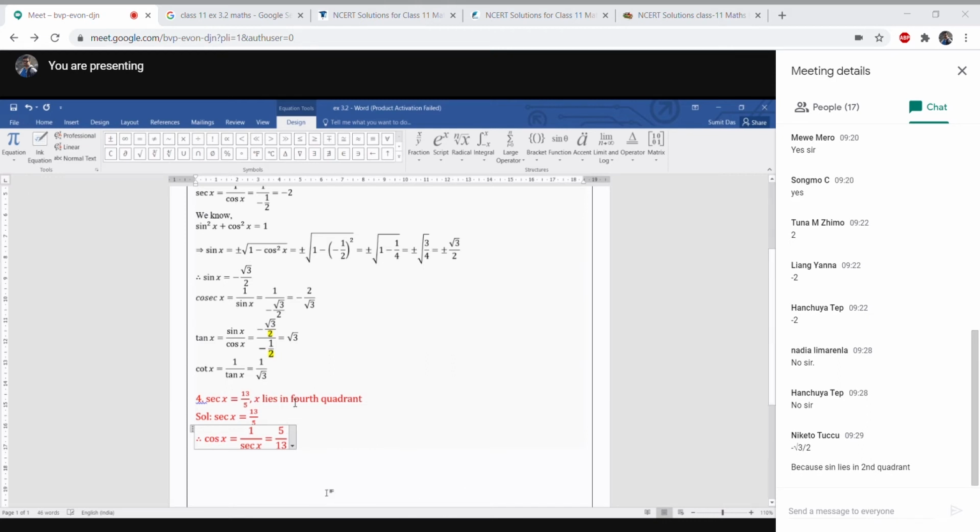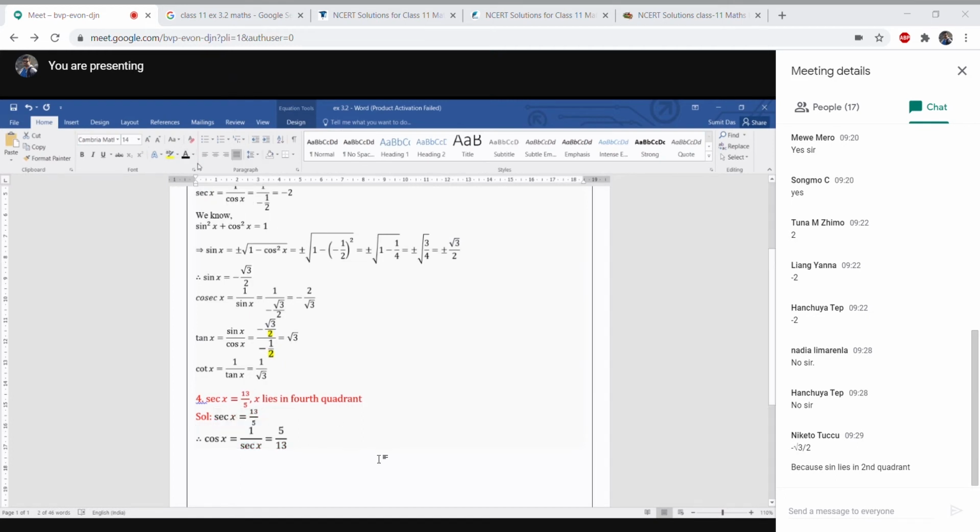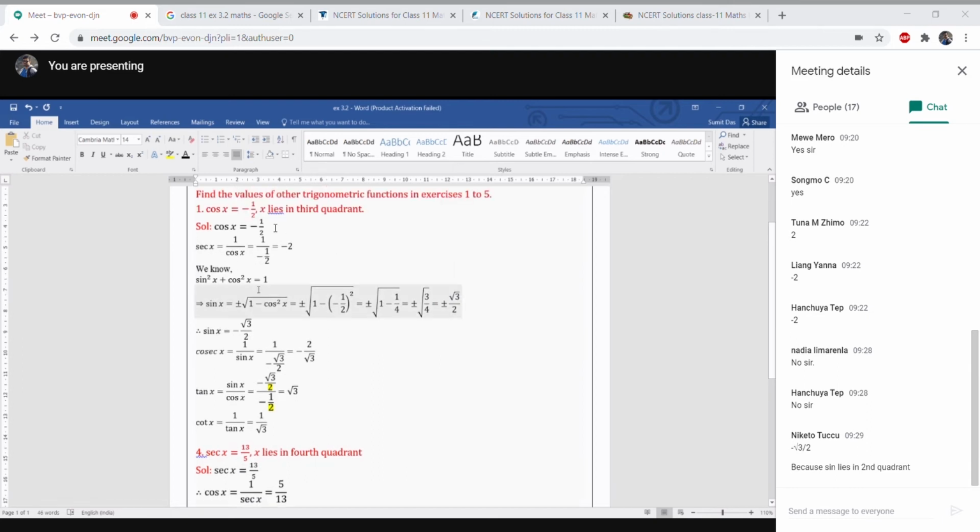Okay, I'm not writing this again. Understood? Next, after getting this one, we'll use the same formula to know the sine.